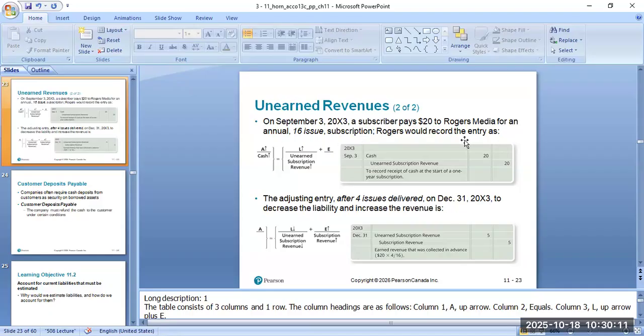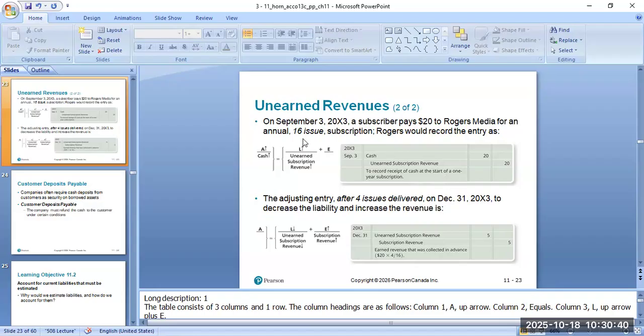Now, what Rogers is going to do is get the cash right away, and show an obligation to provide service or deliver the goods in the future, or pay the cash back. Then on the reporting date, they make an adjusting entry on December 31st after 4 issues have been delivered to the client.